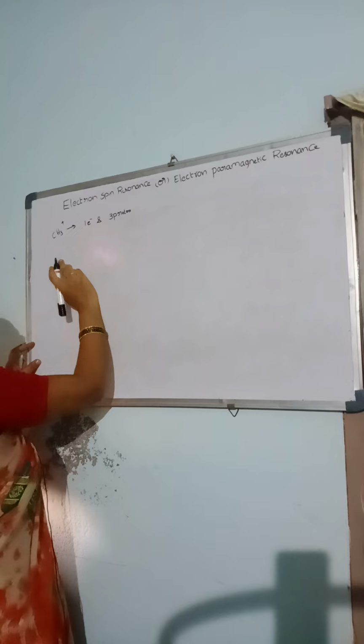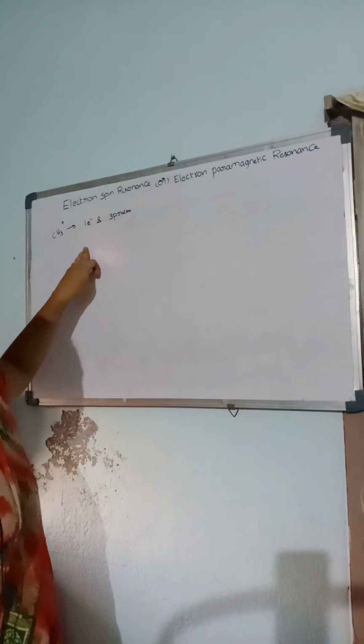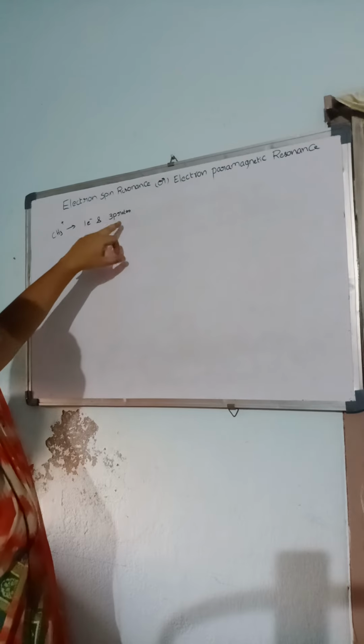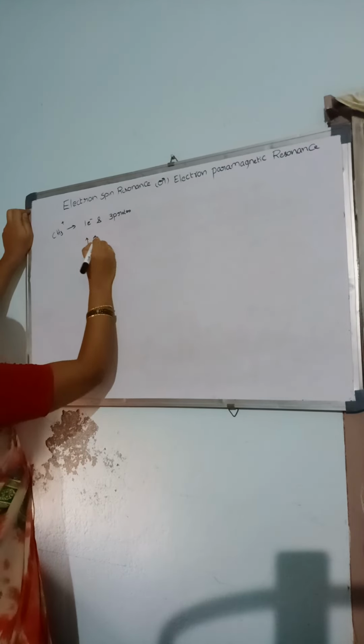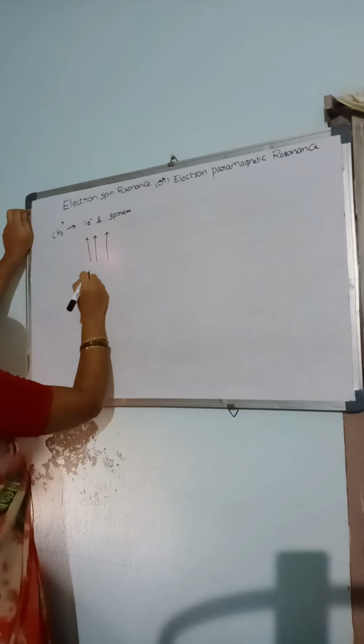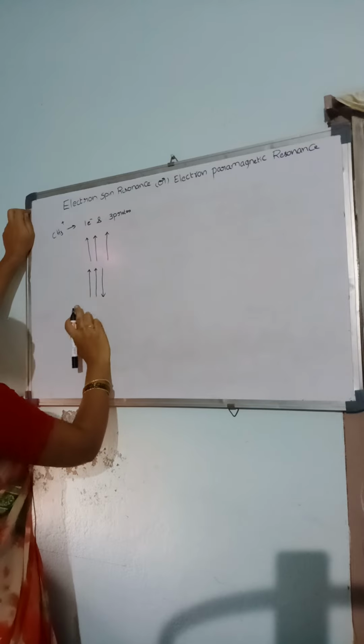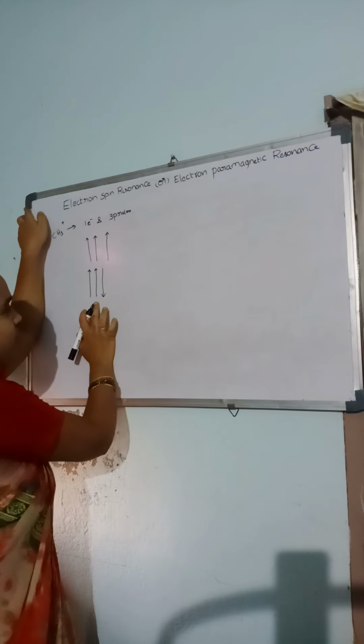So for 1 electron, same states, Ms is equal to minus half and Ms is equal to plus half. These 3 protons will orient like this, or 2 protons up, 1 down. So there are 3 different combinations like this.